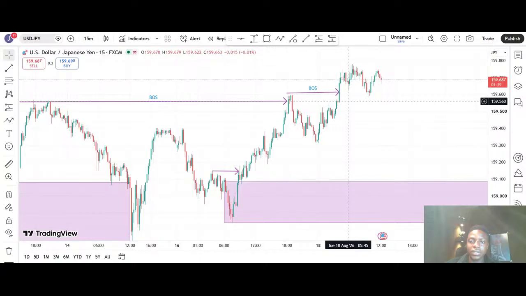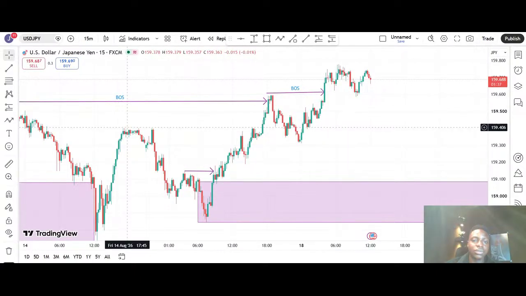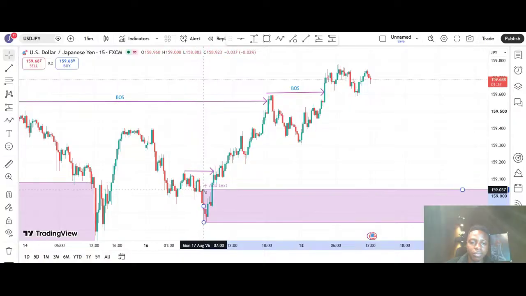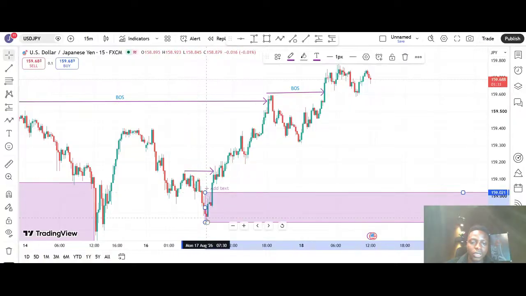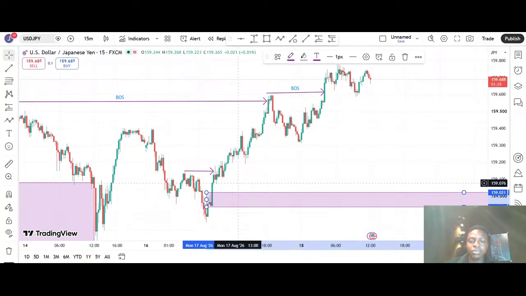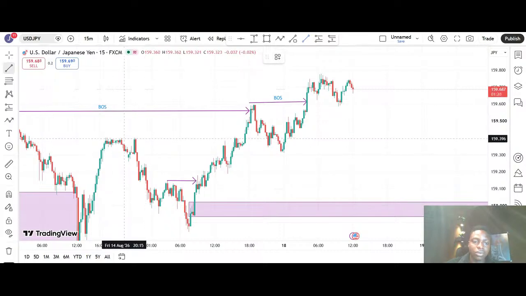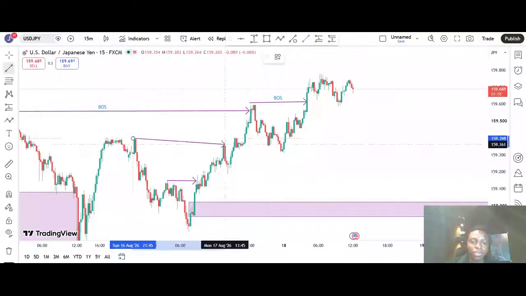So guys, see how the market is moving. So there's a break of structure here. If we should remove this now, we'll be looking at this other block. So there are a lot of other blocks that we have to look at. Break of structure. If you check here also, this is more. There's break of structure, there's change of character.